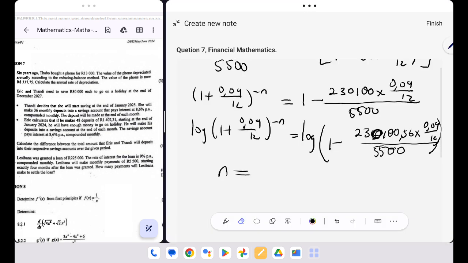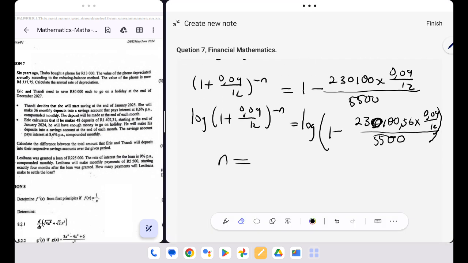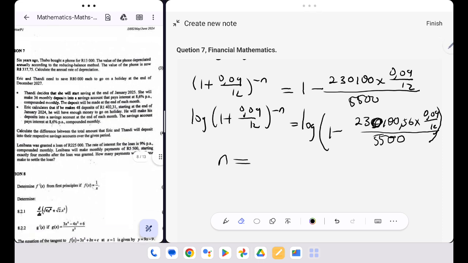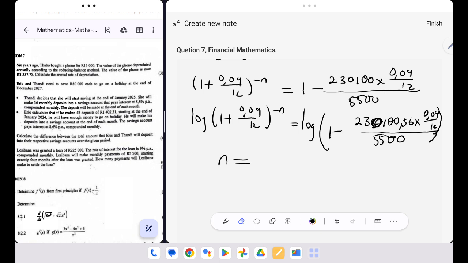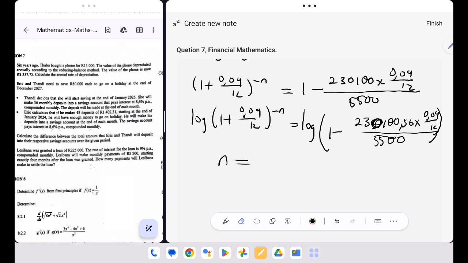I'm trying to punch the calculator to find the answer. 230100.56 times 0.09 all over 12 divided by 5,500.